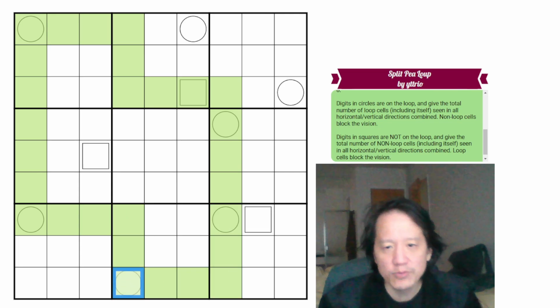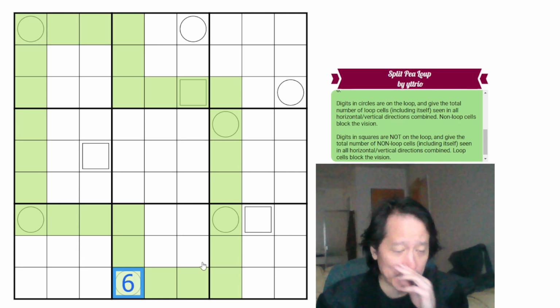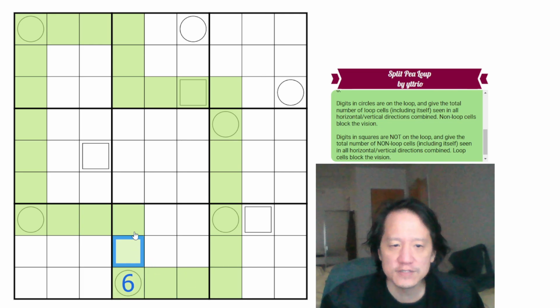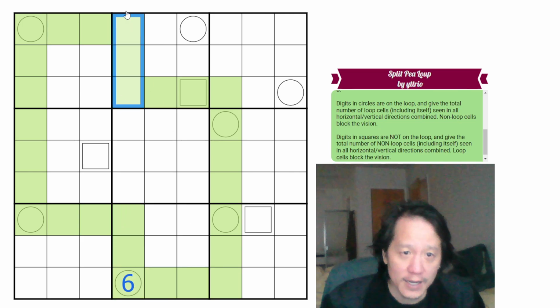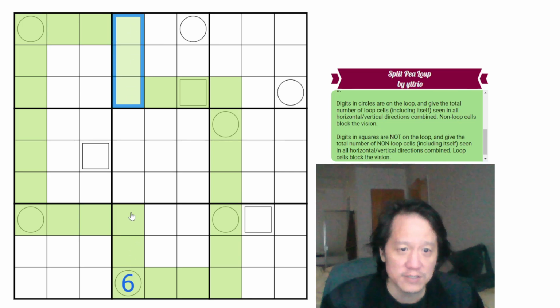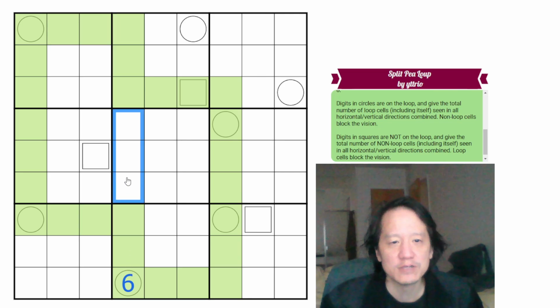So the number in the circle would be 6 because it sees itself, it sees 2, 3, 4, and it sees 5, 6 cells on the loop. And it would not include these 3 because non-loop cells block vision. So you cannot see these 3 cells because you have non-loop cells in between.